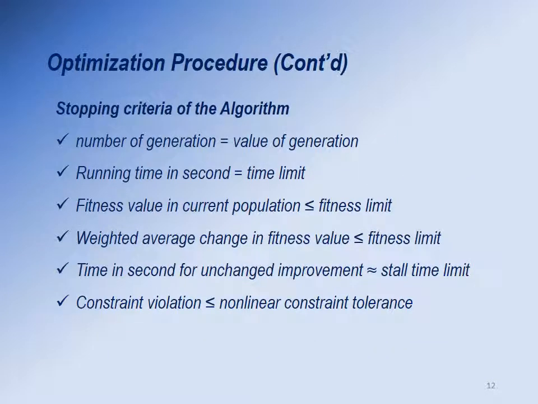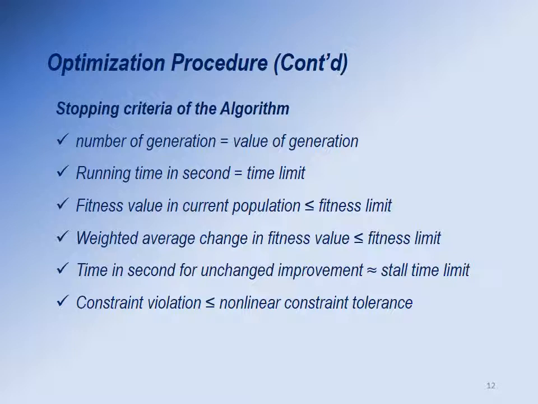There are different stopping criteria of this algorithm. Some of those are: this algorithm stops when the number of generations is equal to the value of generations. Then it also stops when the running time in seconds becomes equal to the time limit. Then when the fitness value in the current population becomes less than or equal to the fitness limit. Again, if the weighted average change in fitness value becomes less than or equal to the fitness limit, then also this algorithm stops.